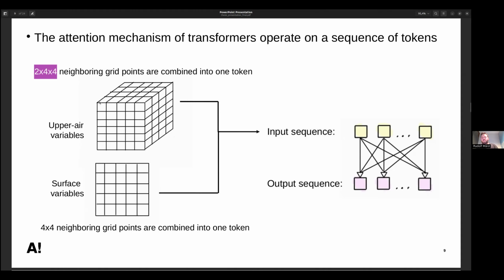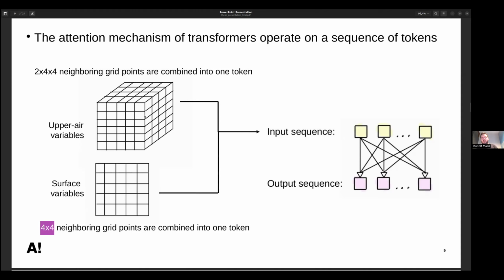And this is done via a neural network layer, which considers these 2 × 4 × 4 grid points and transforms them into a token vector. The same is done for the surface variables, but considering only 4 × 4 neighboring grid points and transforming them into a token vector with another neural network layer.